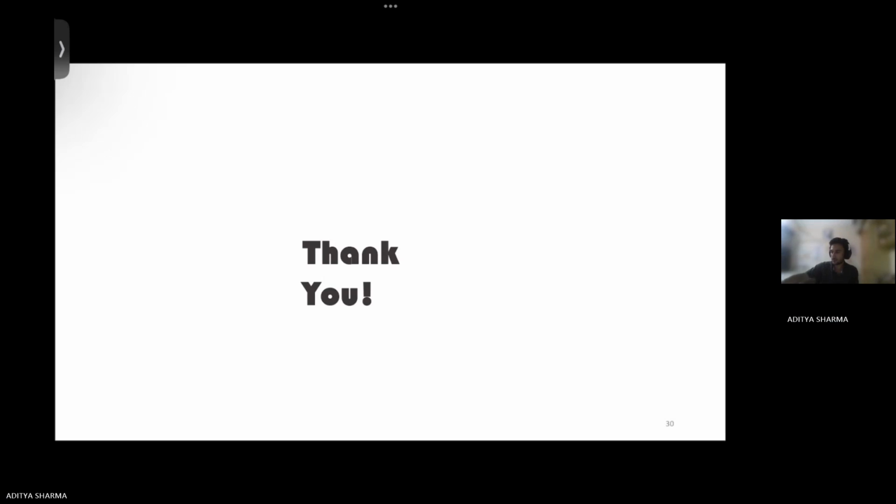So we are now at the end of the session. We have completed all our questions. So I'll quickly conclude this session. This was on combustion and thermochemistry.